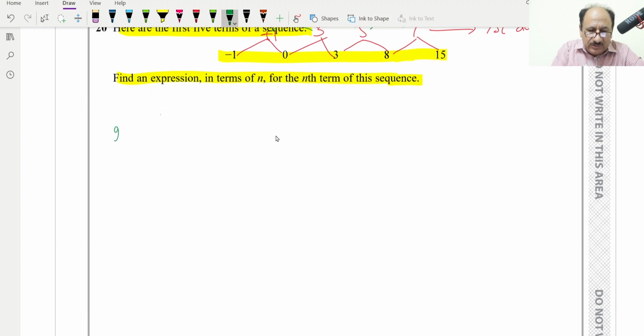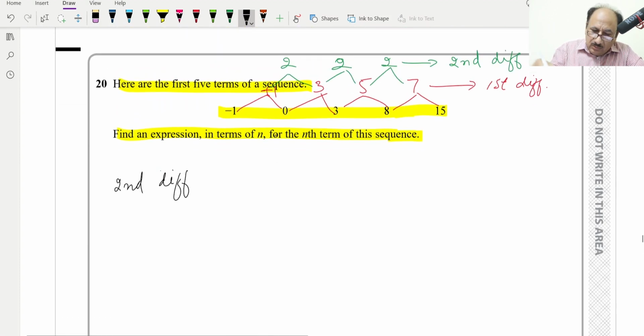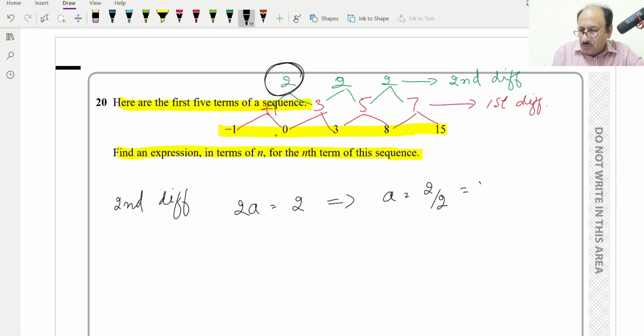Second difference is equal to, we are always writing, 2a. So 2a is equal to 2, and this implies a is equal to 2 over 2, which is equal to 1. So the a value is equal to 1, we got it from here.